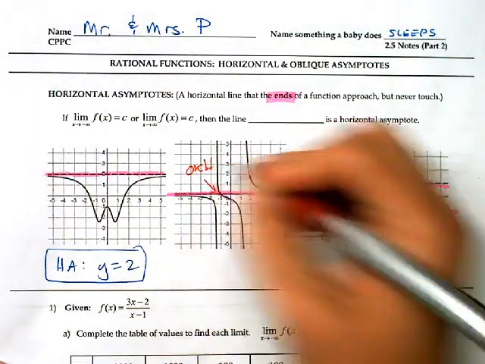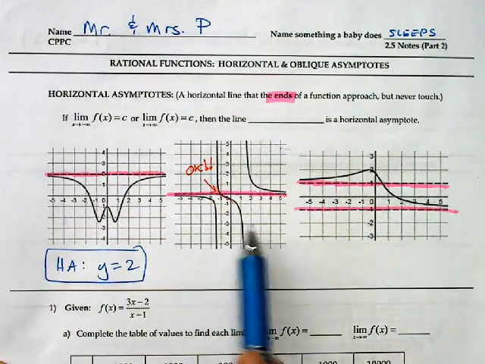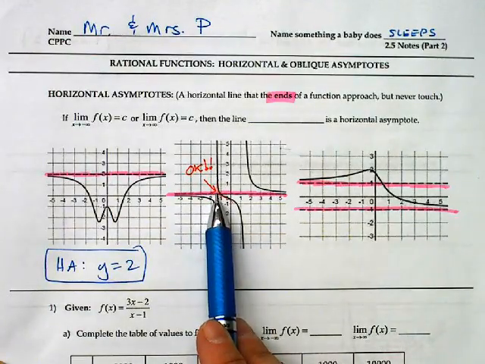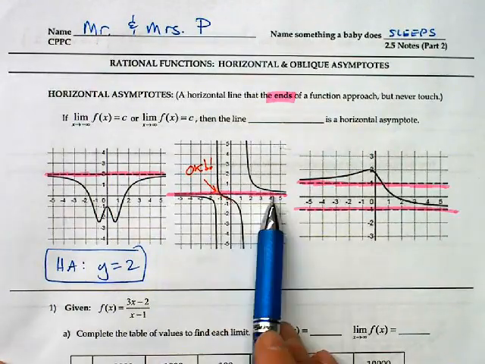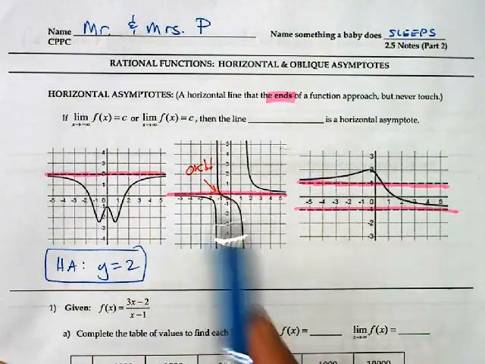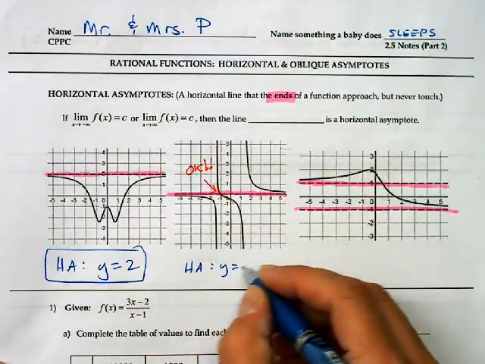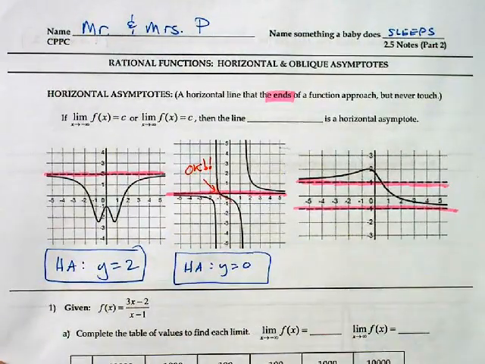I do want to let you know that is okay. That will happen when we get to some more advanced graphing. And since this is not anywhere close to the left end or the right end of the graph, that is okay. So the equation of this line here is y equals 0. There's our horizontal asymptote. Shake your asymptote.